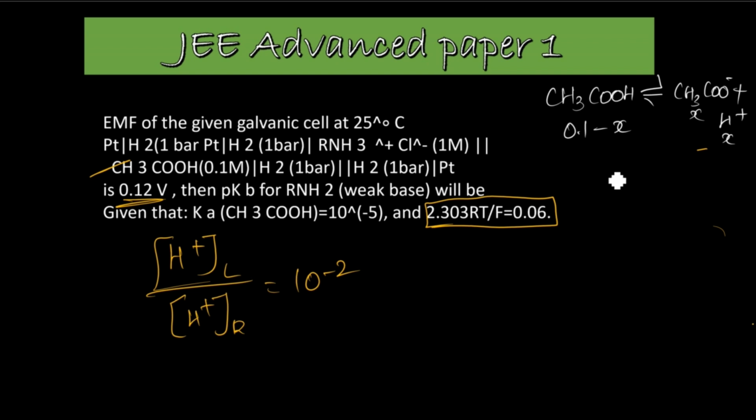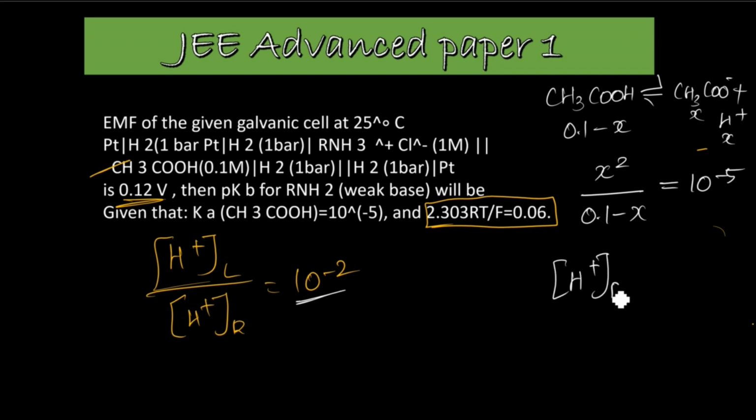While substituting the concentration, x square by 0.1 minus x. So while solving this, I'm getting 10 to the power minus 5. So we already found that is 10 to the power minus 2. So the H plus value becomes 10 to the power minus 3 molar. Then the value is 10 to the power minus 5, that we know.